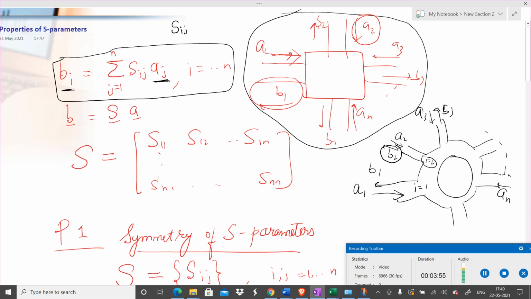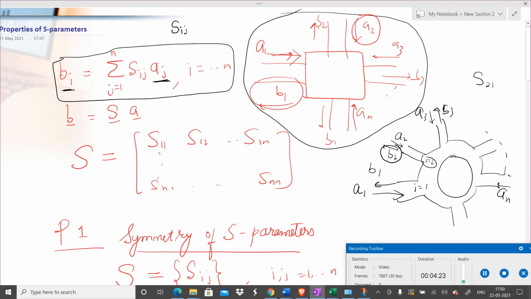So you first take A1, and what you get at port 2 from A1 is captured by the S parameter S21.